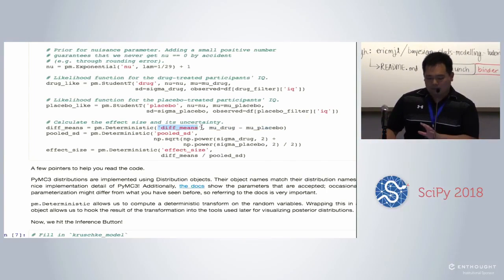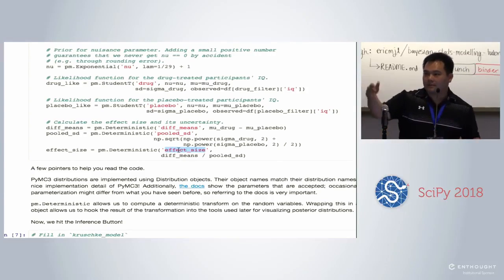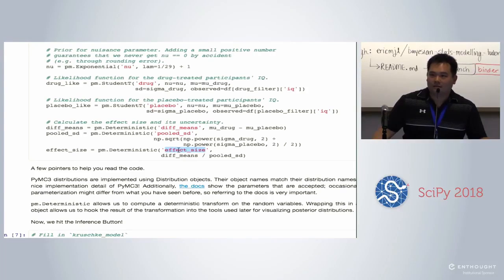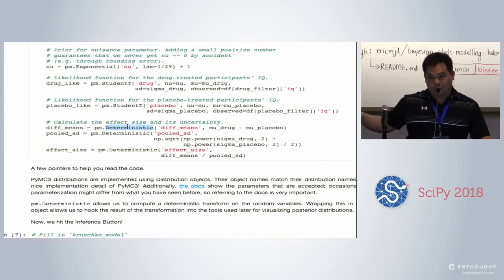The only reason we put them inside pm.deterministic is because we might want to visualize them later. Maybe it's creating a data member of something. That's right. And this itself is a distribution.